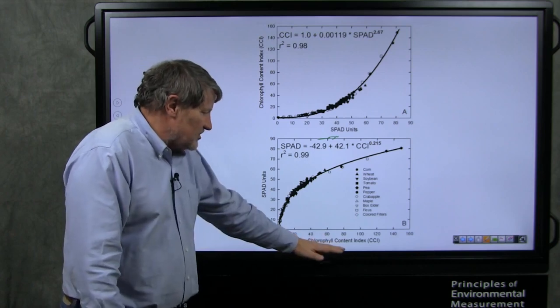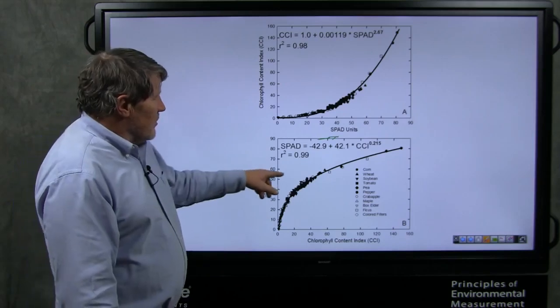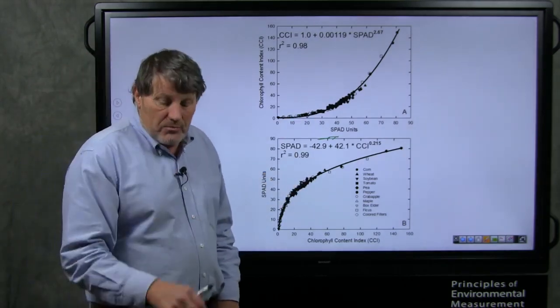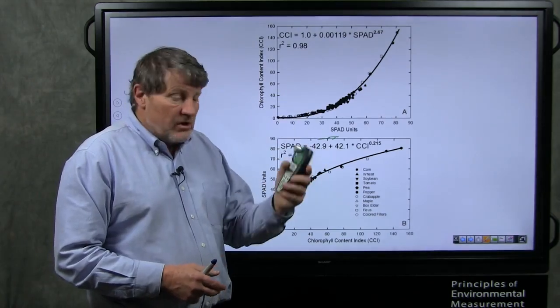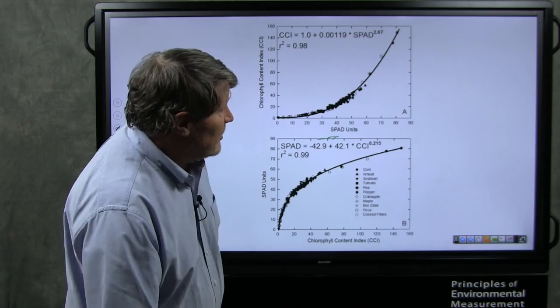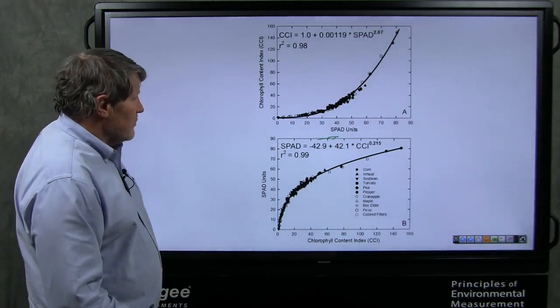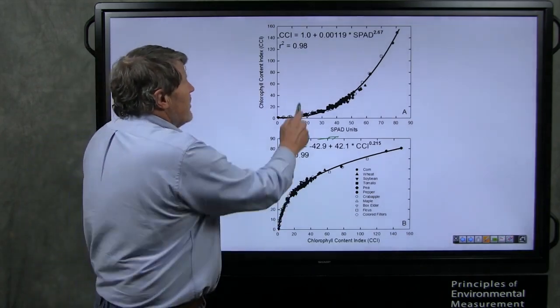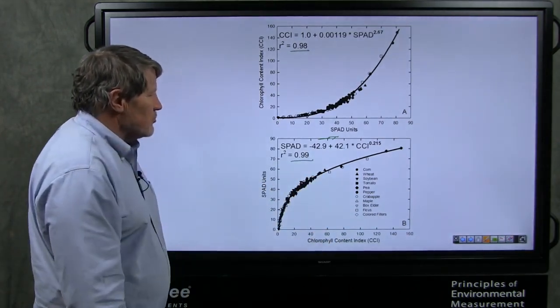If you know the CCI, you can convert that to SPAD units with these equations, which are pre-programmed into this Apogee meter, so you can have this meter read out in any of the units of the previous meters, in addition to the true chlorophyll units. These are very high correlations, 0.98 and 0.99 for these conversion equations.